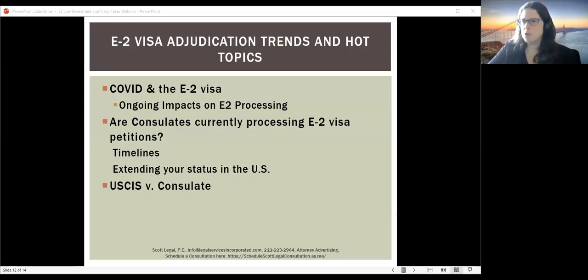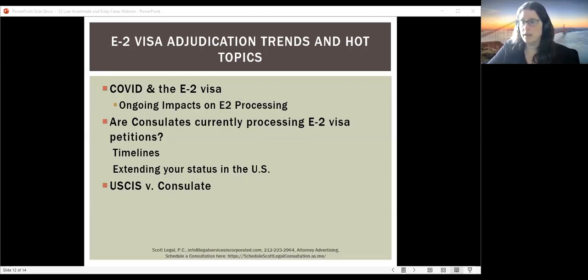The issue is you don't get a visa stamp in your passport. So what you would get from USCIS is a 2-year approval that extends your I-94 or changes your I-94 to E2 and allows you to stay in the United States and work for that 2-year period. But it does not permit you to travel internationally.